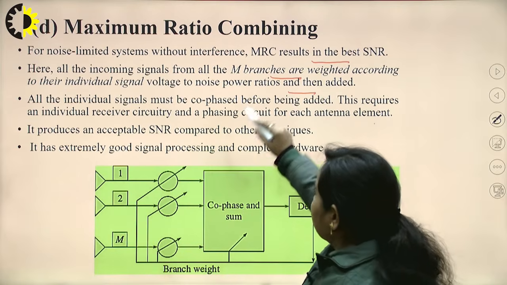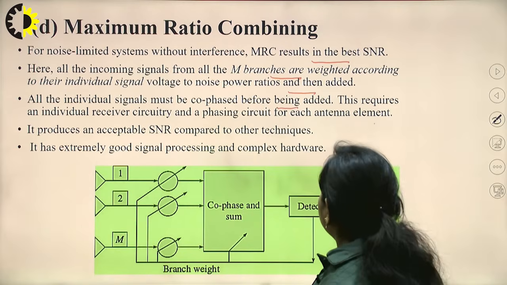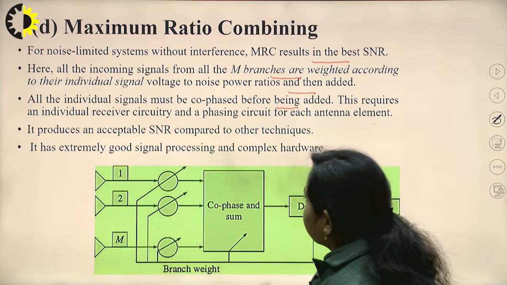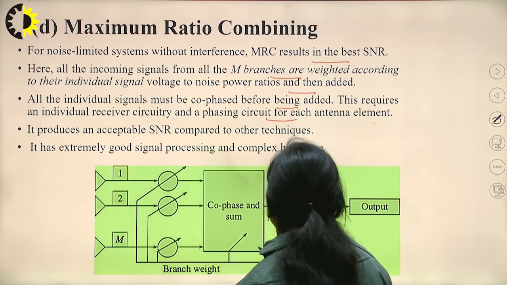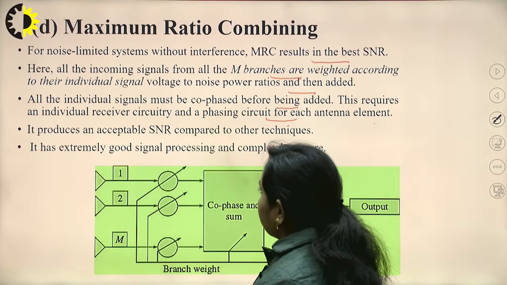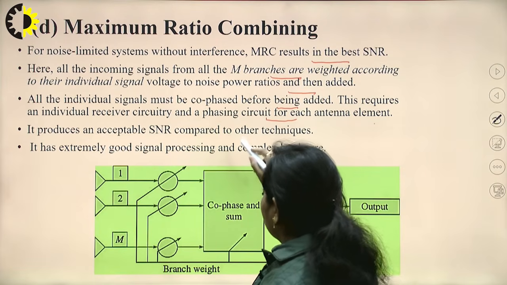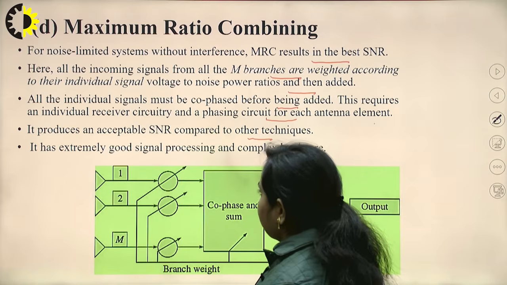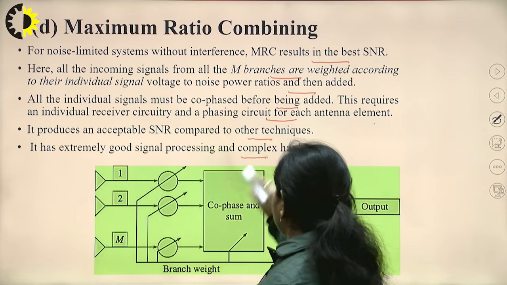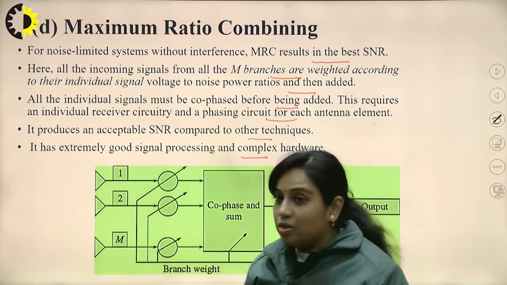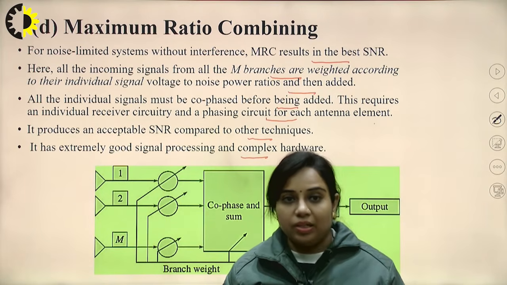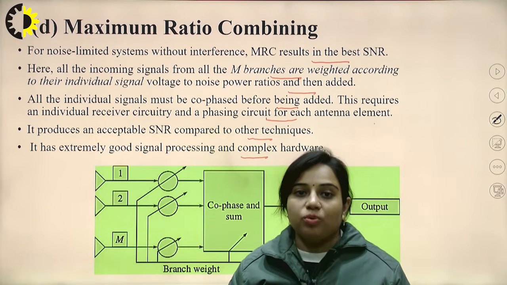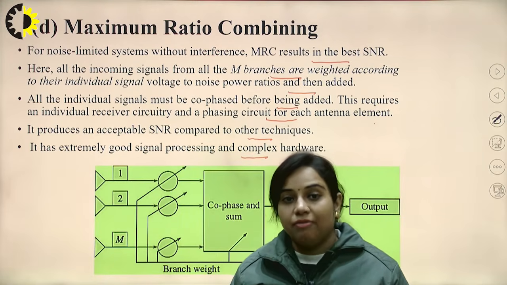So all the individual signals must be co-phased before being added. This requires an individual receiver circuitry and a phasing circuit for each antenna element. It produces an acceptable signal to noise ratio compared to the other techniques, and it has extremely good signal processing but complex hardware. It has complex hardware because every time whatever input signal it has received, it has to be passed through co-phase, and a feedback is required.